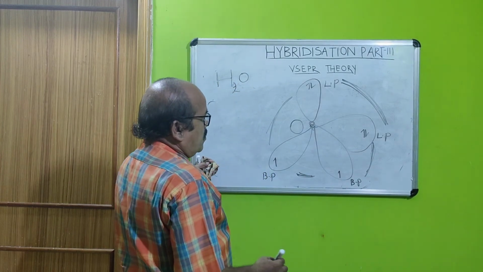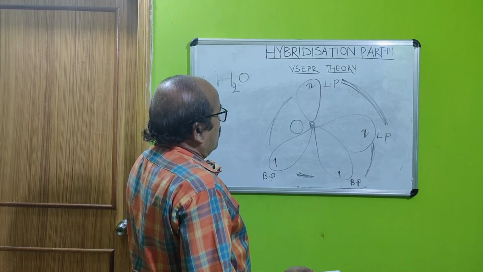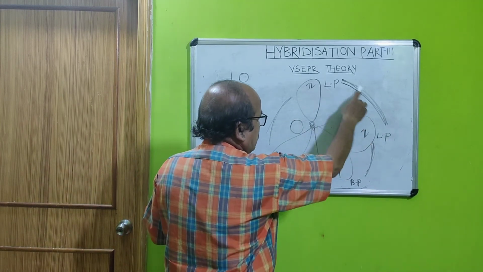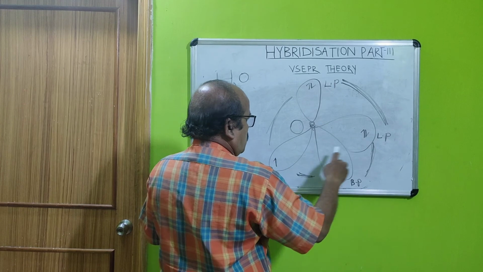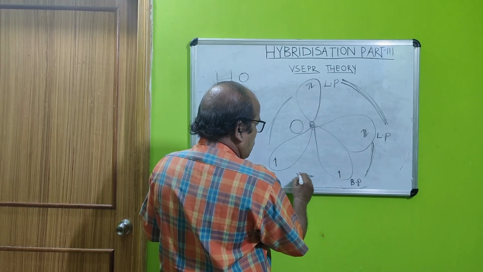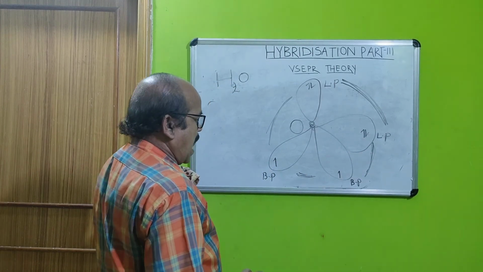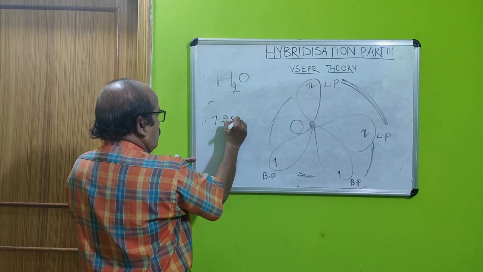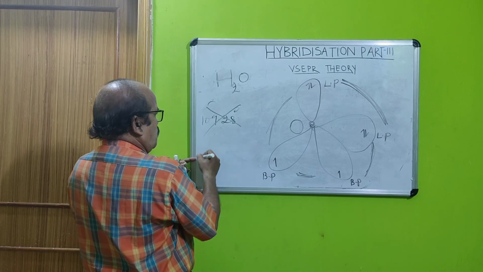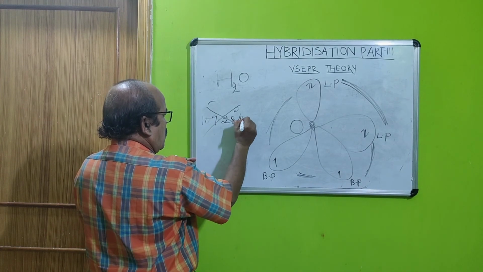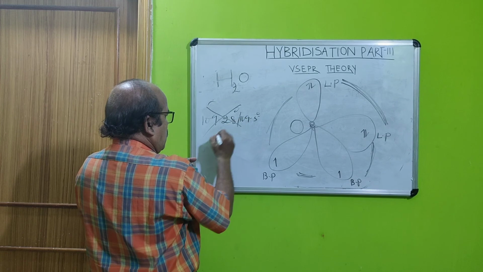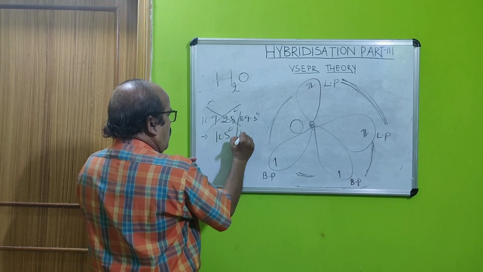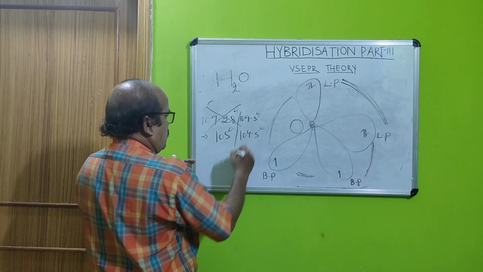Is it clear? We have the total VSEPR theory here. Lone pair repulsion is greater than lone pair-bond pair repulsion. Lone pair-bond pair repulsion is greater than bond pair repulsion. And the angle changes from 109.28 degree or 109.5 degree to 105 degree or 104.5 degree.